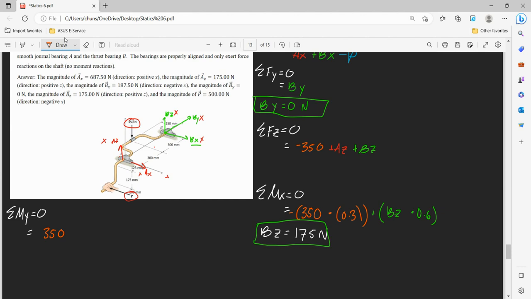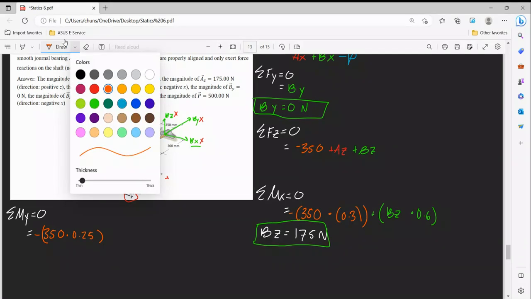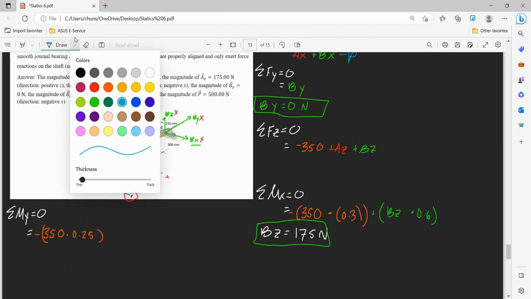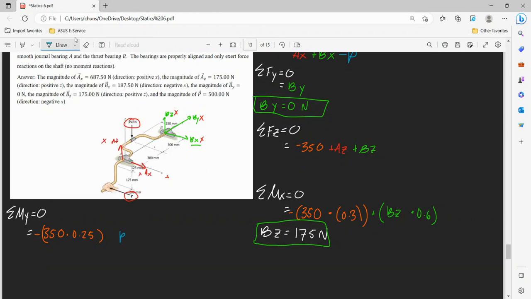We're measuring at our y-axis, so we want our x distance, which is 0.25. Okay, and this is in our negative y direction. And we have our force P. This is P in our x direction.